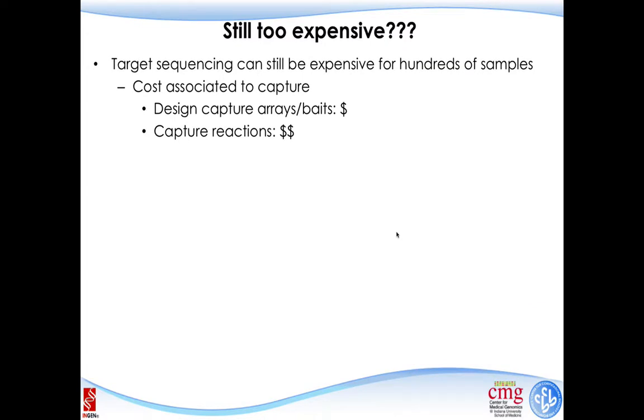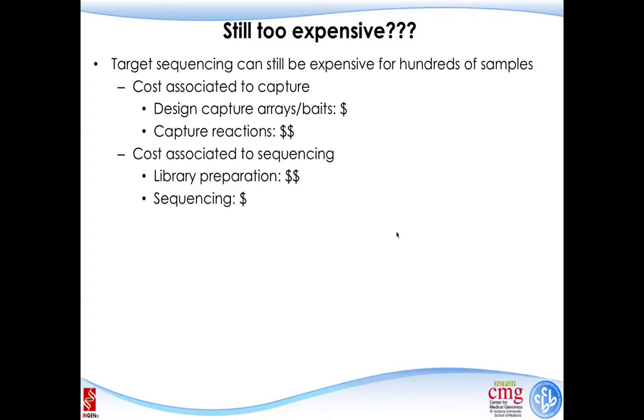Sometimes we think it's still too expensive, because if you think about the cost associated with the capture, to do the whole exome sequencing or capture based, and to design the capture baits, it costs some money, and the capture reaction itself costs money. If you have to do this one by one for every single sample, the dollars are adding up, right?